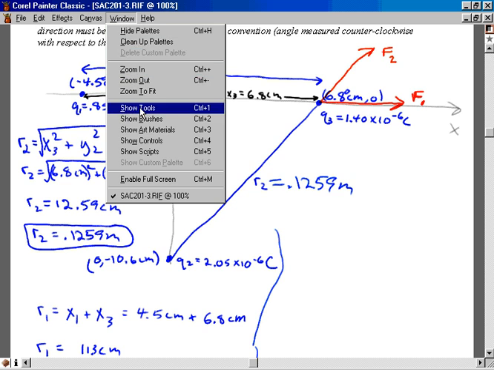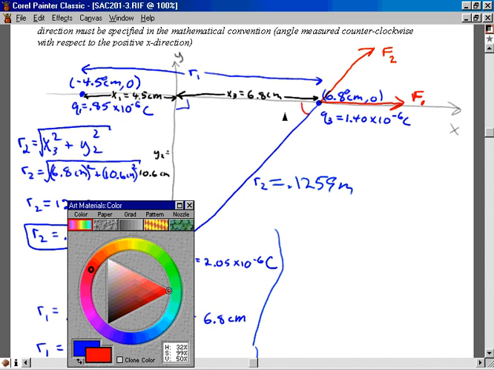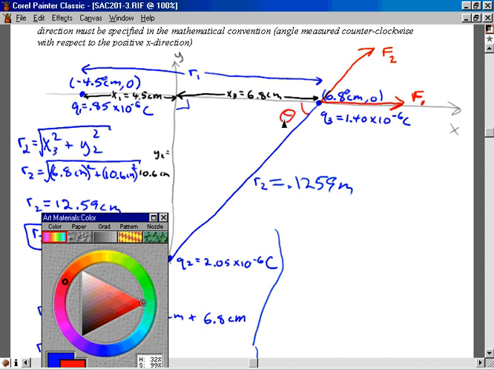Go switch colors for you. So this angle right in here, call it theta. I can say the tangent of theta is the opposite over the adjacent.